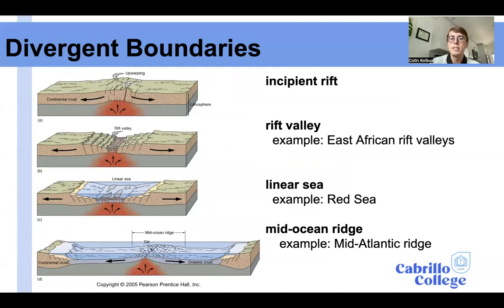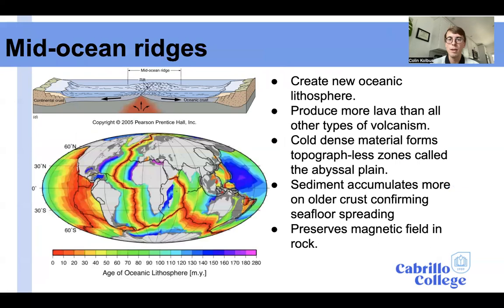And so this creates a rift valley if it occurs on the Earth's surface, or a mid-ocean ridge if it happens underwater. And a mid-ocean ridge is where most of the Earth material is created. Almost all volcanic activity is associated with a mid-ocean ridge. And it produces a really flat, low-lying zone called the abyssal plain, and that is where matter is created.